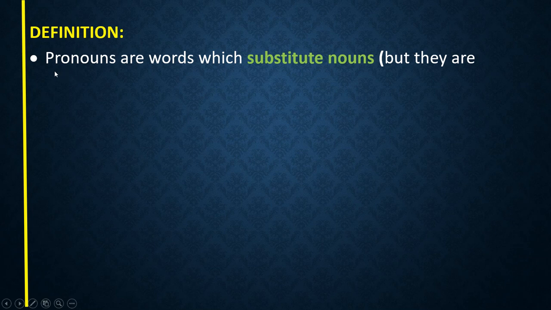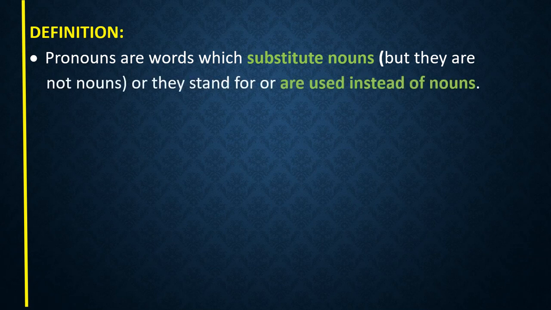So today we are looking at pronouns as an element or a part of speech, and we shall say that pronouns are words which substitute nouns. They substitute nouns, but they are not nouns. Instead, they stand for, or they are used instead of nouns.